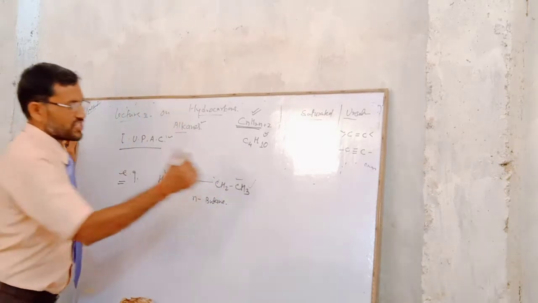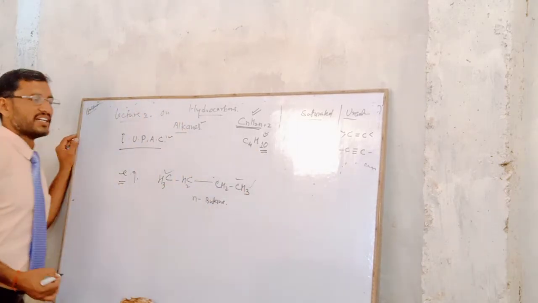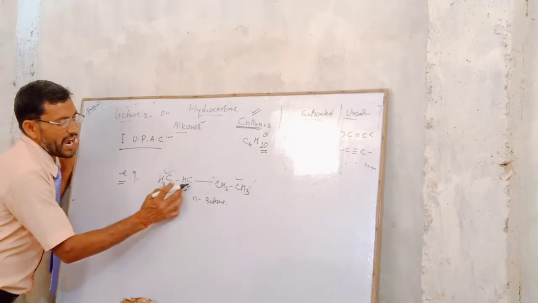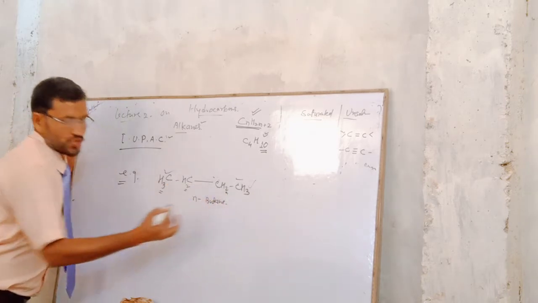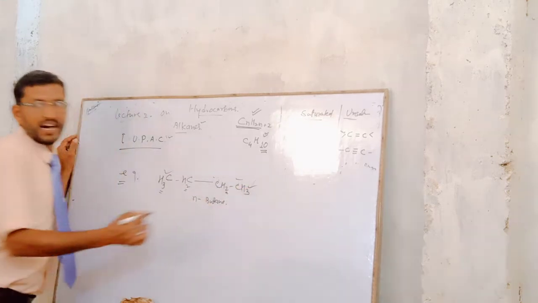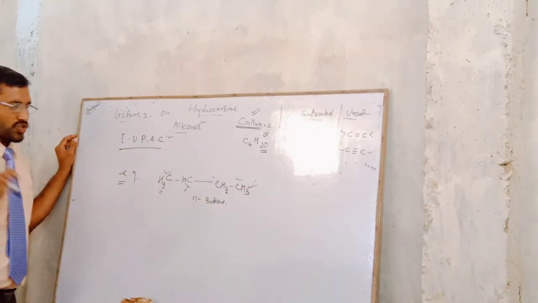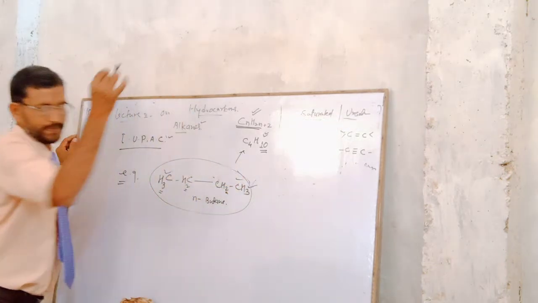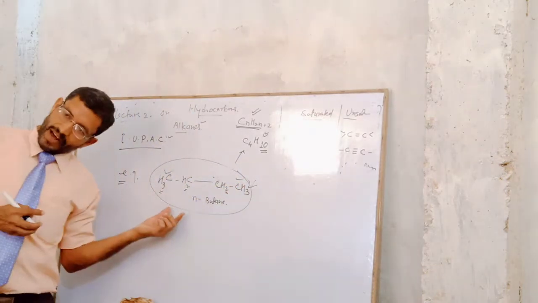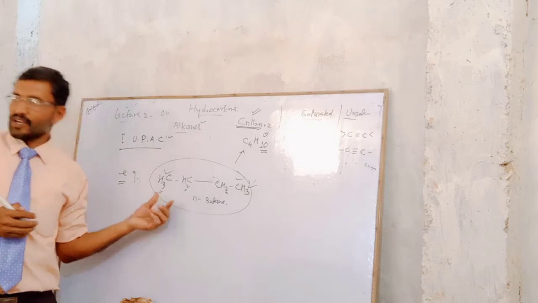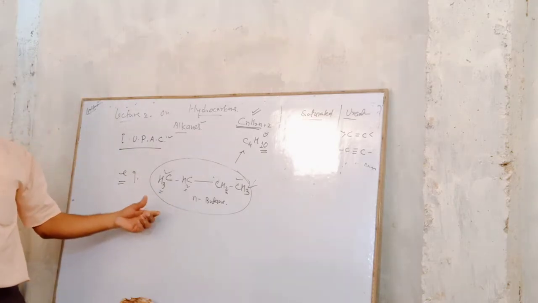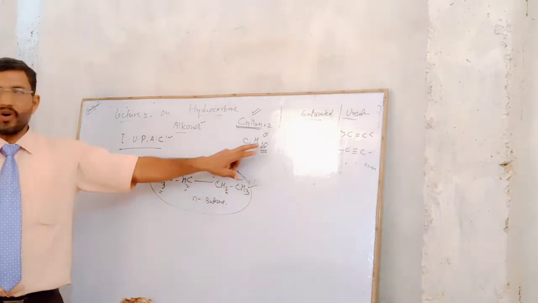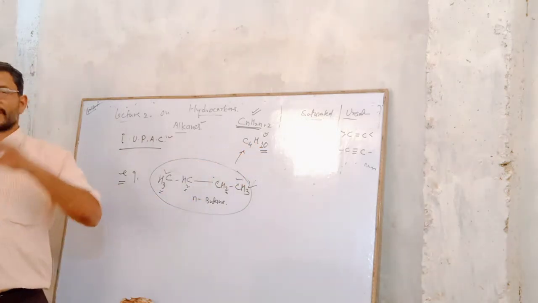And how many hydrogens are there? 10. Just calculate: 3 plus 2 is 5, plus 2 is 7, plus 3 is 10. So the formula remains the same for butane, the molecular formula, or you can say empirical formula. So the molecular formula for butane is 4 carbon, 10 hydrogen.